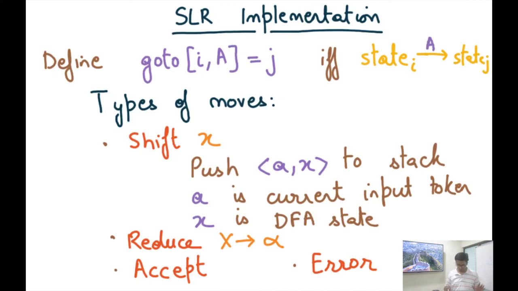In my actual algorithm, I'm not going to represent accept as a separate thing. Just assume that if I reduce and what I'm left with on the stack is just S prime and nothing else, and I've reached the end of the input, which means there's nothing on the right of the cursor, then I'm in an accept state.